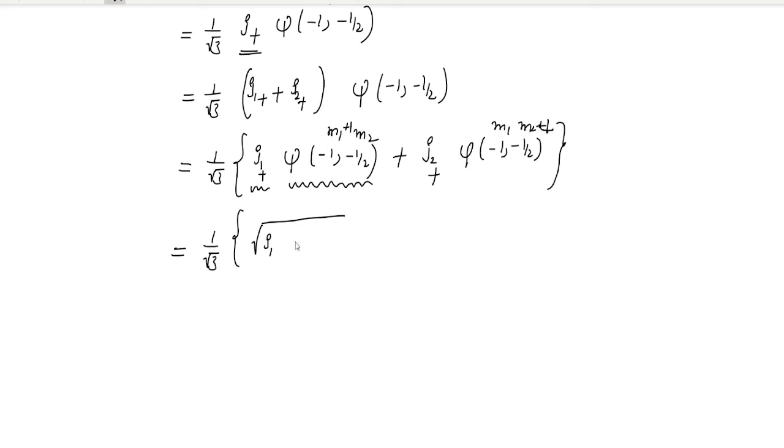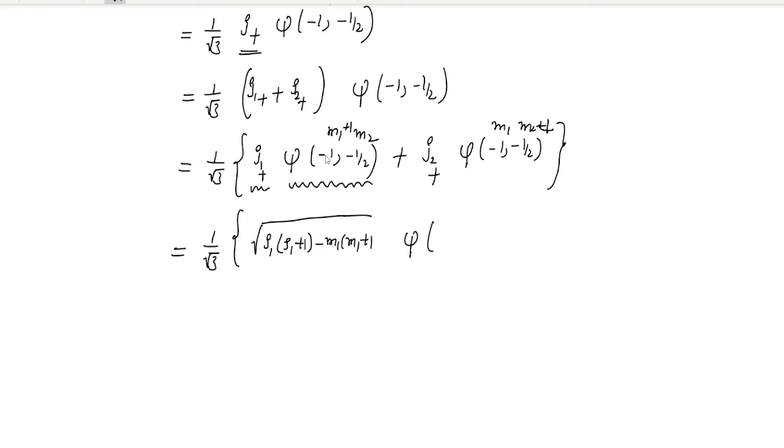So then the eigenvalues are: j1 minus m1 into m1 plus 1, and wave function psi.